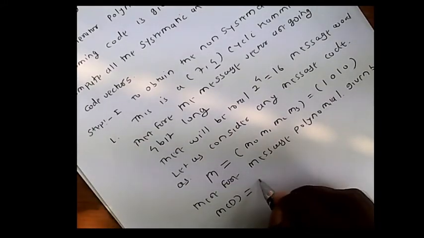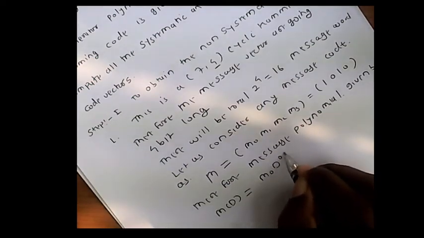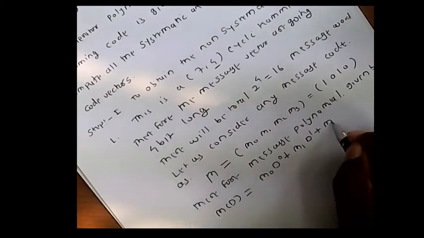By using expansion in terms of powers of D, M(D) = m0 D^0 + m1 D^1 + m2 D^2 + m3 D^3.